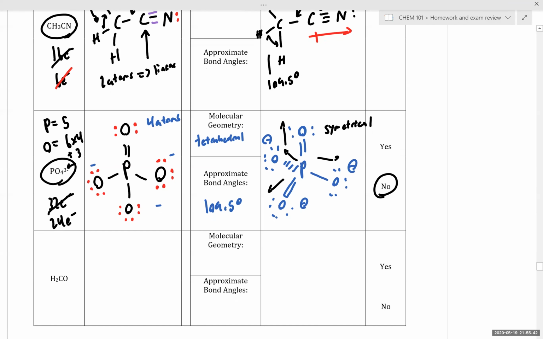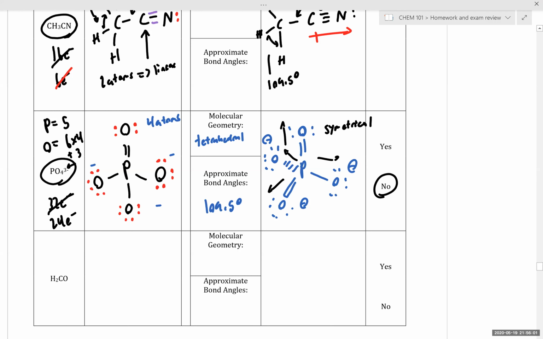Wait, so if there's no lone pairs, then it's nonpolar? If there are no lone pairs and all of the atoms bonded to the central atom are identical, then yes, in the majority of cases, it will be nonpolar. Does that make sense?